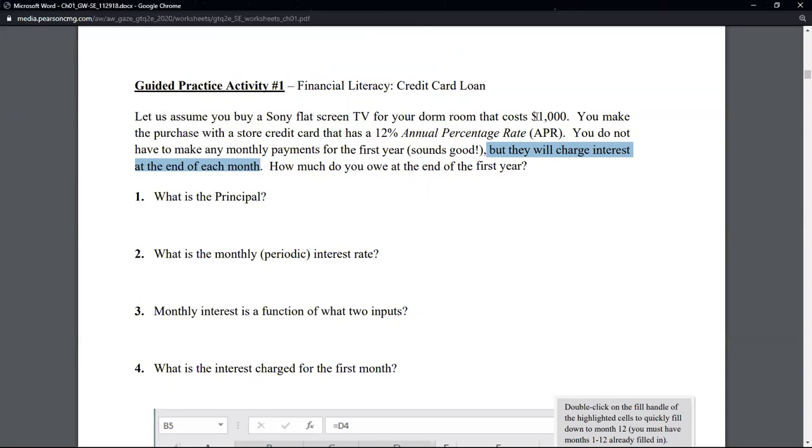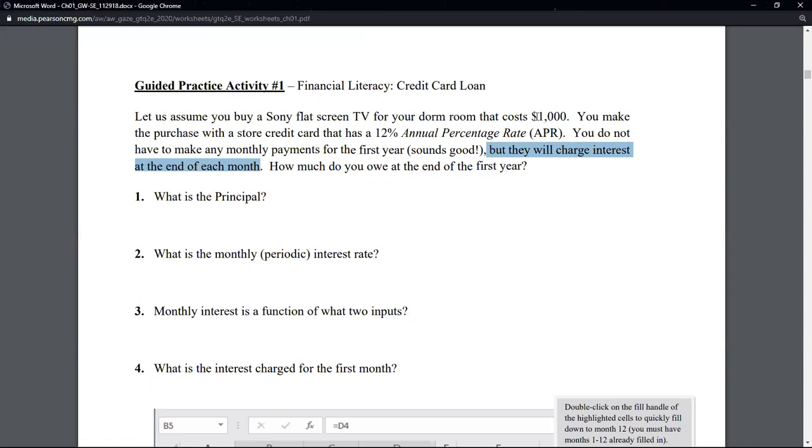Now, in the real world, the way people usually do this is they have deferred interest. So they'll say first 12 months, same as cash. That's a common phrase, which means if you don't make any payments the first, second, third month, right now, you don't have any interest added to the account. And if you pay off this $1,000 TV loan, say in month 11 or month 12, then you only pay $1,000.